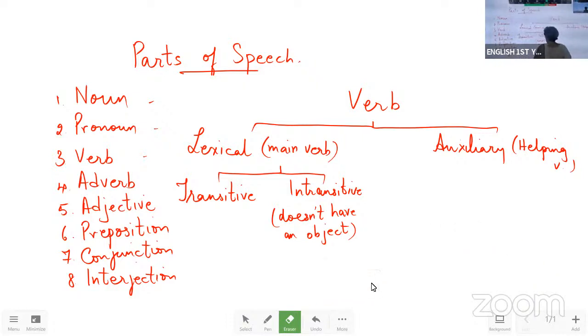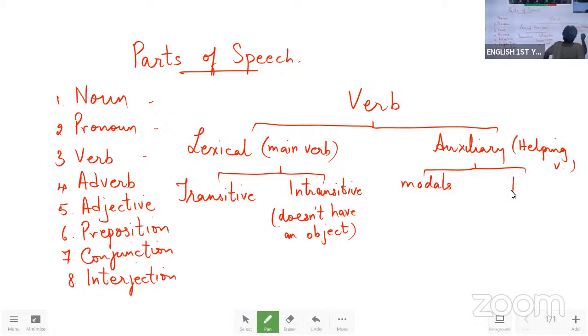Remember that, children, because even in second year, you should remember this tree diagram very well. It is a must that you should know it. Now coming to auxiliary, they are again divided into two. They are the modals and primary. Modals, what are modals?